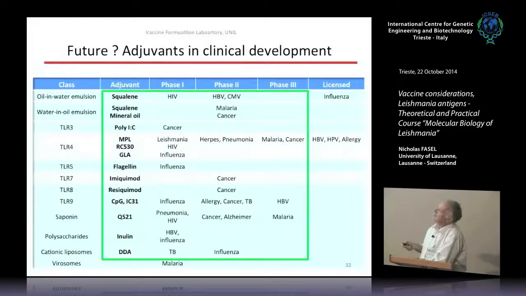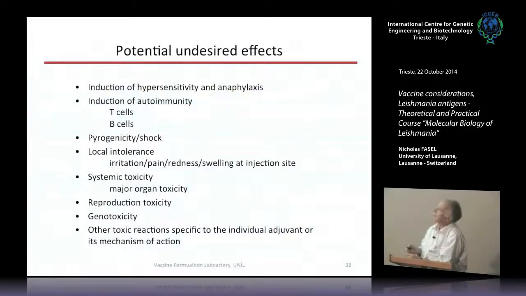They are developed mainly for cancer vaccination, or malaria, or HIV, HBV, and so on. So you can see the development of these different adjuvants. I think it looks better than some years ago, with the development of clinical trials on these adjuvants with specific recombinant proteins, or virosomes, or VLPs, and so on.